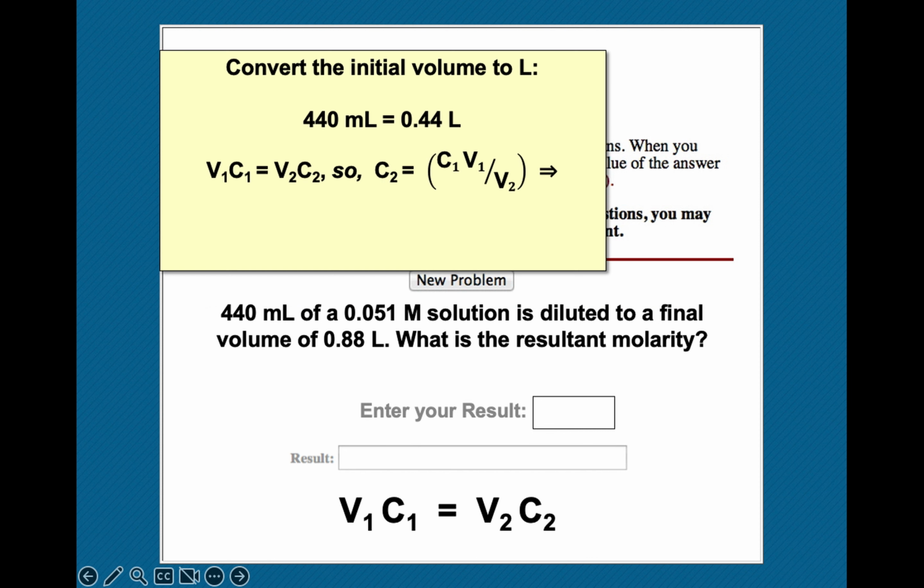C2 will be C1 V1 over V2. Simply substitute. Do the math. 0.026 mole. Any questions?